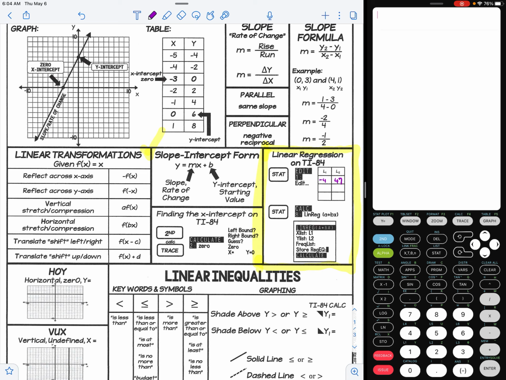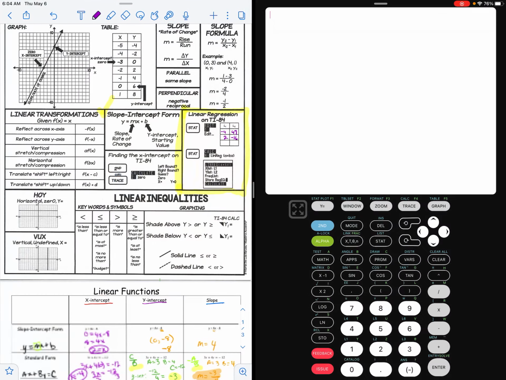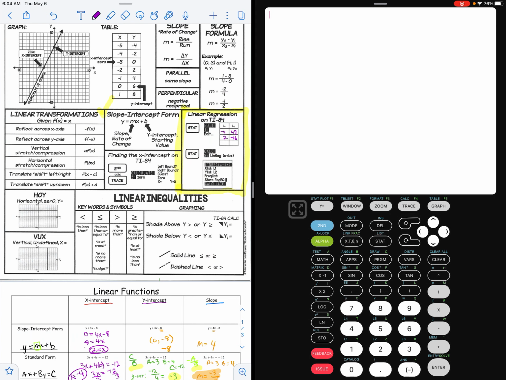negative 4, 47 and 2, negative 16. If we want to write an equation in slope intercept form, then we're going to come to the calculator. We're going to go to stat. Stat is right here underneath delete and over twice from the alpha button.